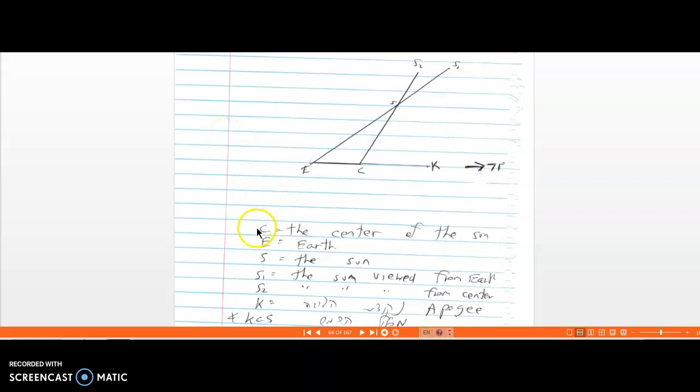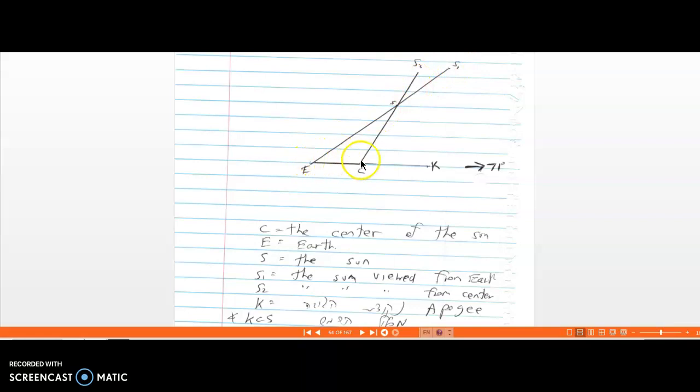So in this diagram, you'll follow here: C is the center of the sun's orbit, E is the earth, S is the sun. S1 is the sun viewed from Earth. So as viewed from Earth, here the sun is. And what's the background? S1 is a very, very far star.